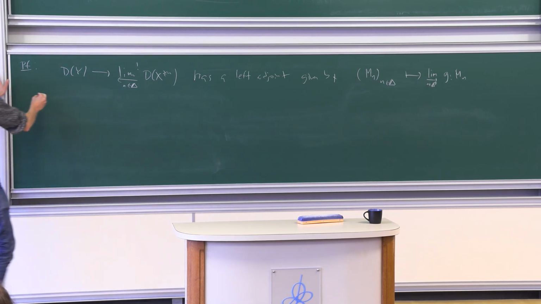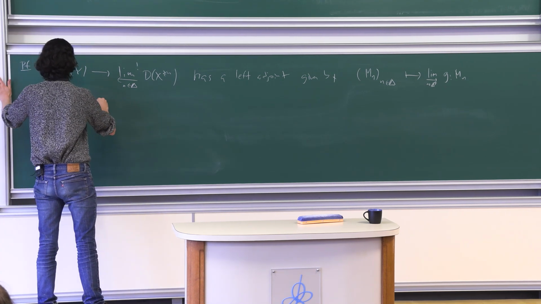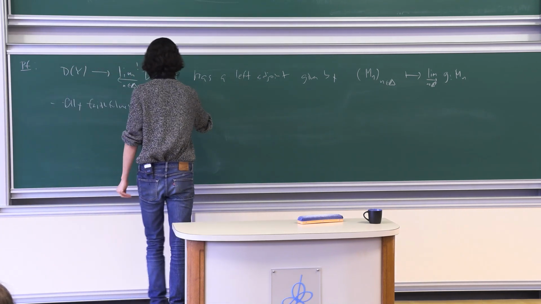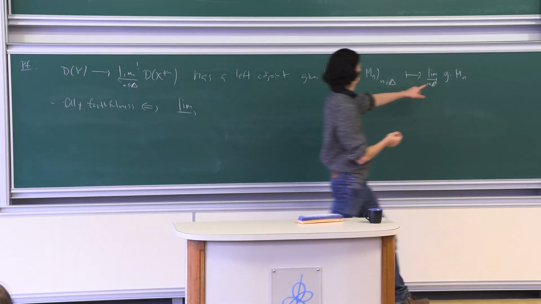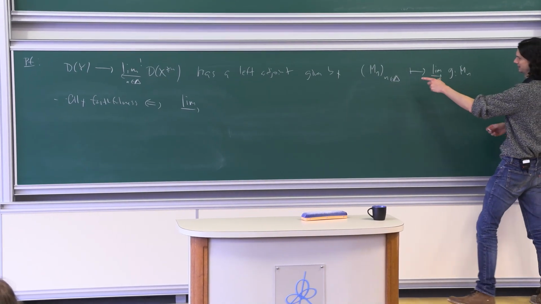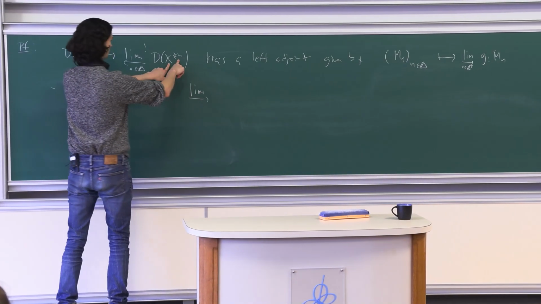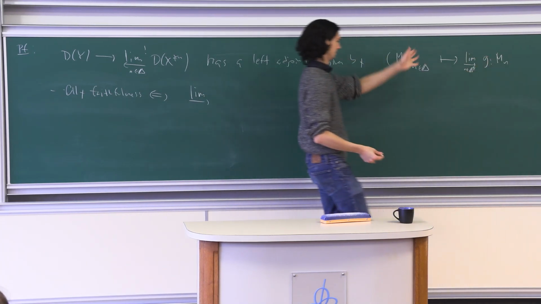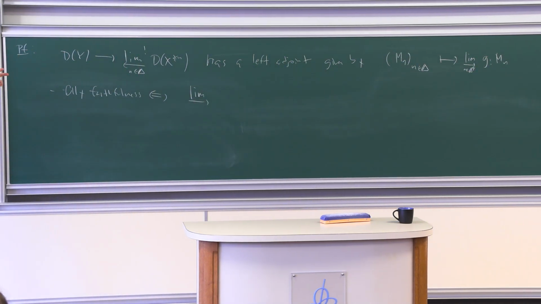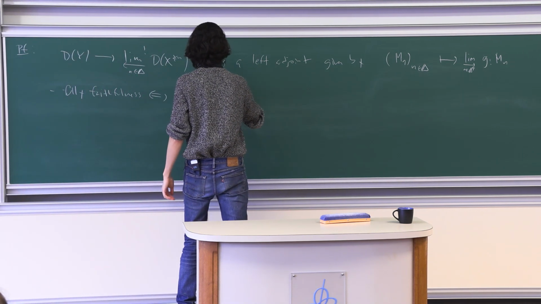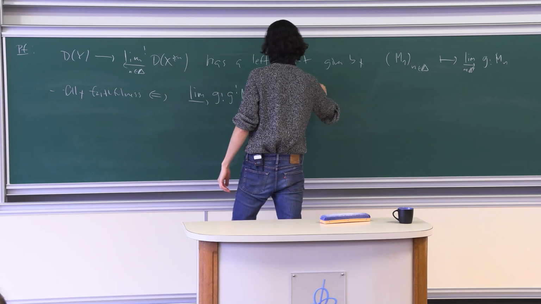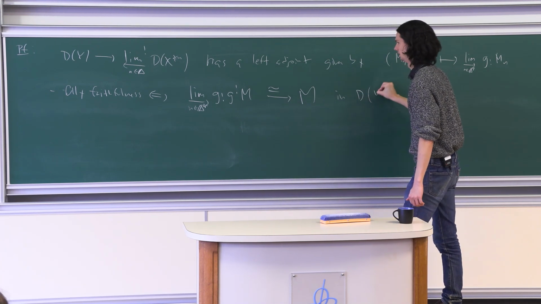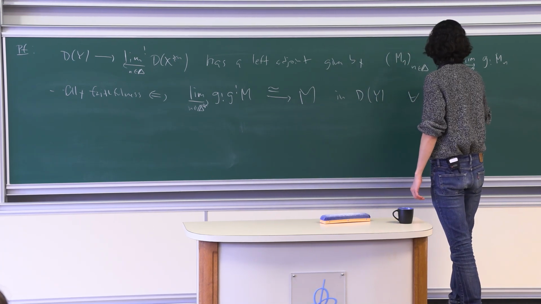So in particular for full faithfulness, this amounts to the claim that if you take the colimit, and by g I mean for every n in Delta, you have the map from this fiber product all the way down to Y, and I'm calling that map g. It kind of depends on n. So the colimit of these g lower shriek, g upper shriek M's mapping to M should be an isomorphism in D(Y) for all M in D(Y).